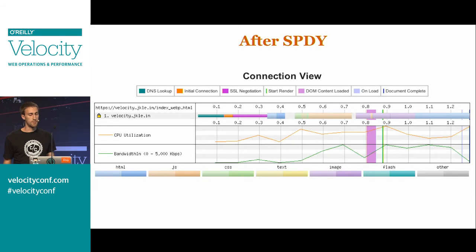It's many fewer TCP connections that your server has to handle. And then you also might notice at the bottom here on this bandwidth graph, once we get through the initial connection and negotiation part, we get a small CSS file, and then the bandwidth graph goes up and stays high consistently. And this is what you want to see. You want to maximize the use of bandwidth. And this is really what SPDY allows you to do, is use your bandwidth to the fullest by parallelizing requests across the same connection.